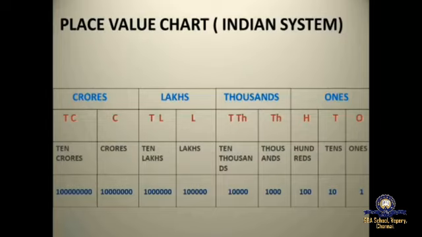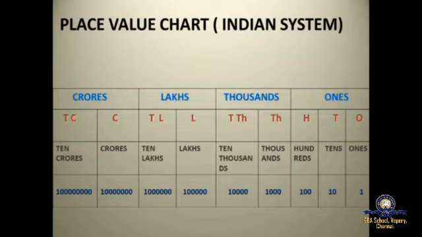It consists of four periods: the ones, thousands, lakhs, and the crores. Ones, tens, and hundreds come under the ones period. Thousands and 10,000 come under the thousands period. Lakhs and 10 lakhs come under the lakhs period, followed by crores and 10 crores under the crores period.